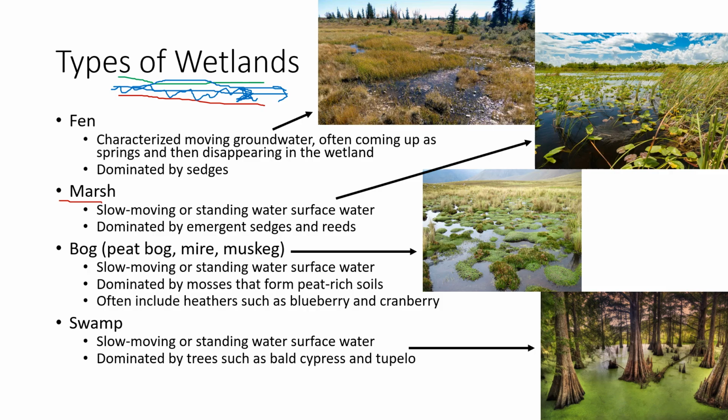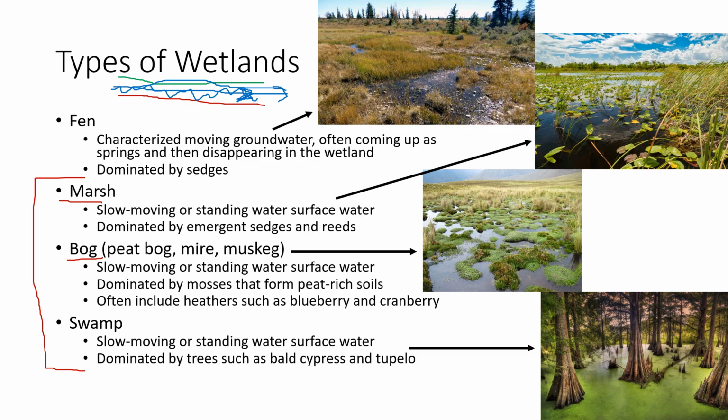A marsh, these are characterized by slow moving or standing water, and it's dominated by emergents, so usually grasses, sedges, reeds, cattails, lilies, stuff like that. A bog or a peat bog is slow moving or standing surface water. All the rest of these, besides the fens, are slow moving, standing surface water.